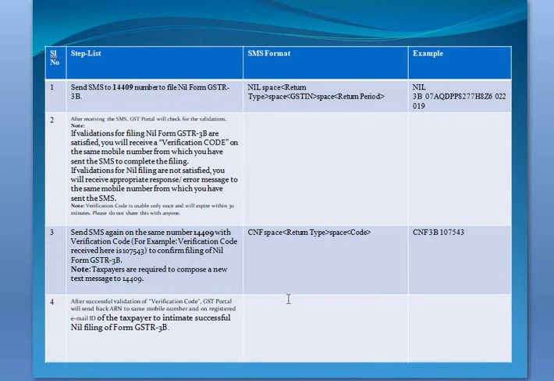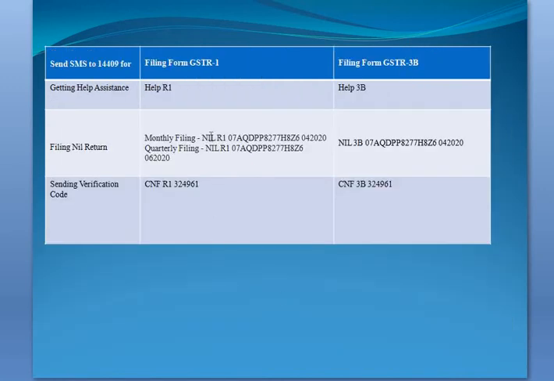Now for filing GSTR1 and GSTR3B, you can get assistance by typing help R1 or help 3B to the number 14409. If you type help R1 and send to 14409, you will get a message on how to file GSTR1.